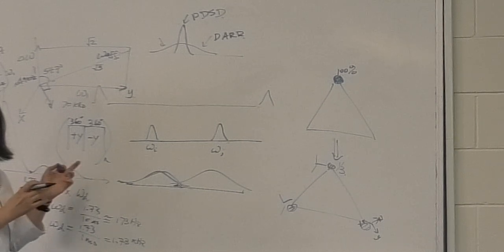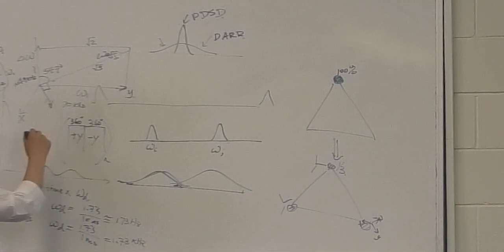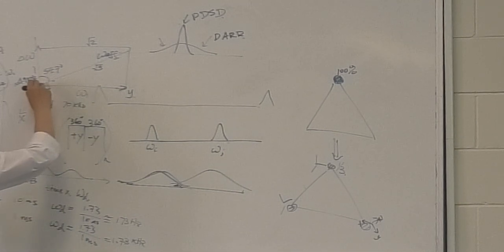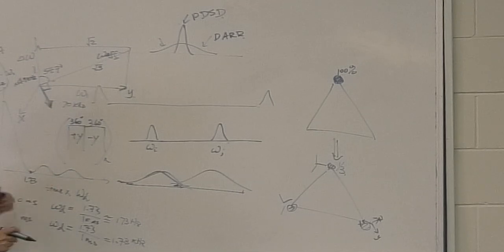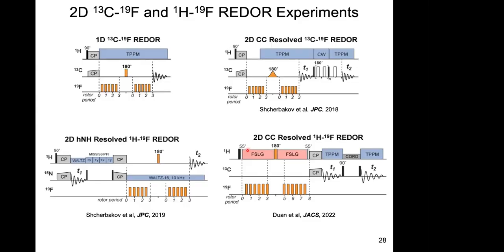And in order for this to average out the proton-proton dipole coupling, I need to have, in this case, the proton chemical shift also refocused. So it maybe doesn't matter very much, but my magnetization evolves under the FSLG effective field. I still have a chemical shift evolution around the effective field.